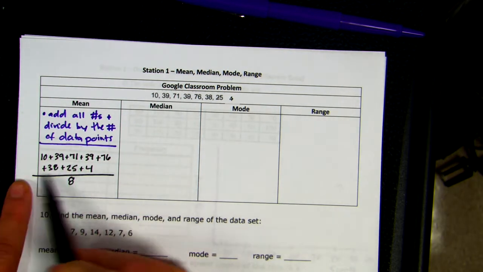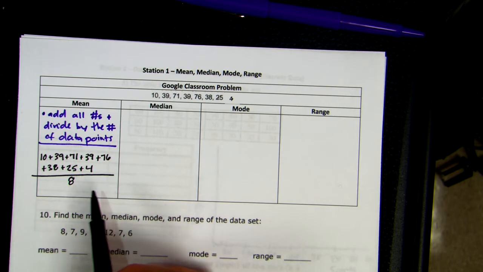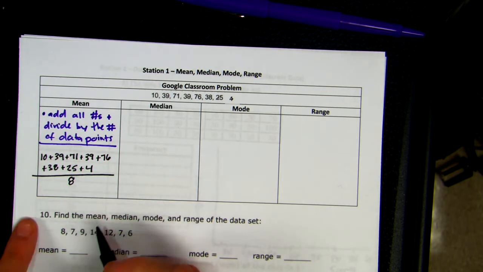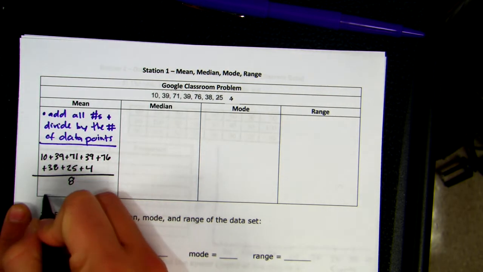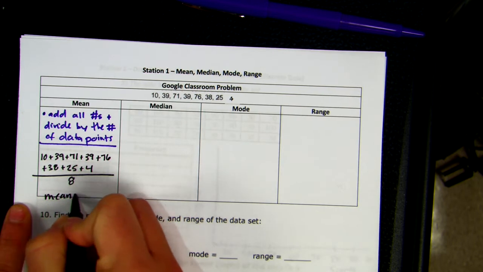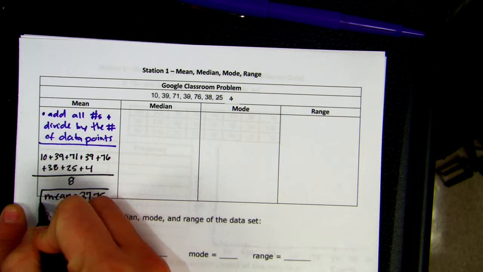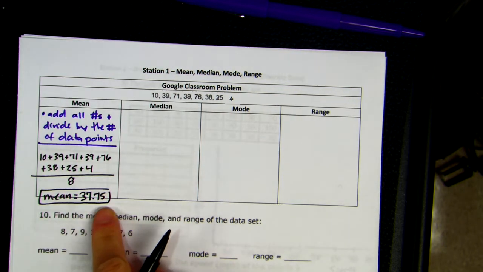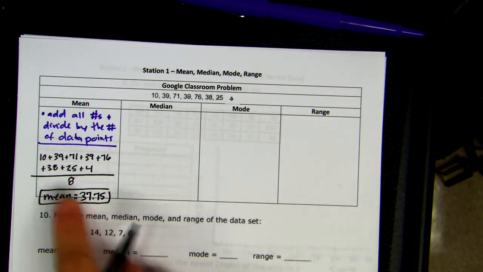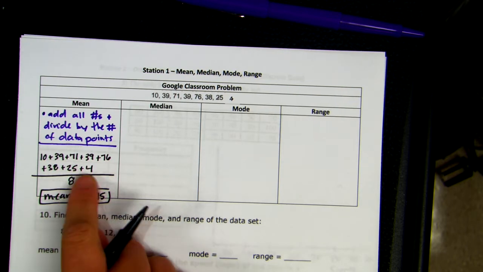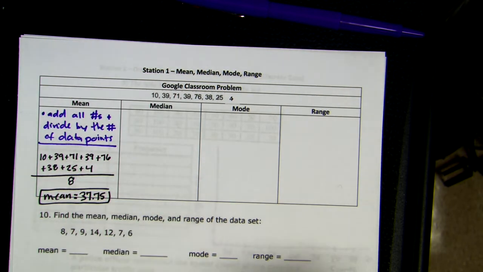I create the fraction bar on my calculator and type this in exactly as I see it. I should get that the mean is equal to 37.75. Just be really careful when typing this in your calculator to make sure that you get every single value, all of them divided by 8.